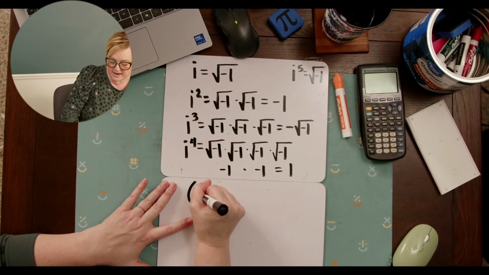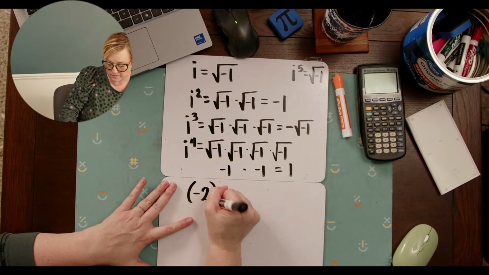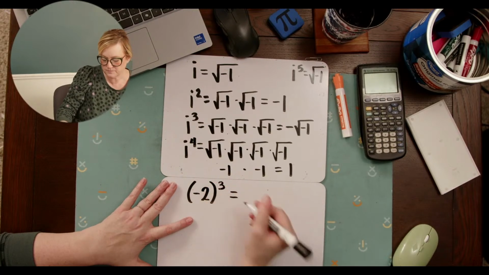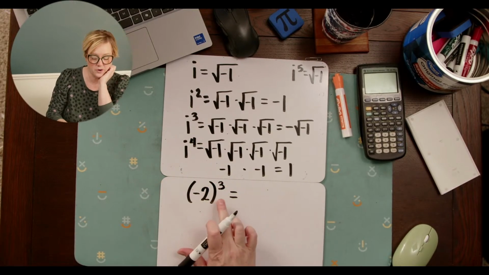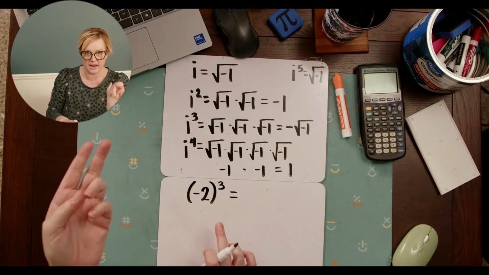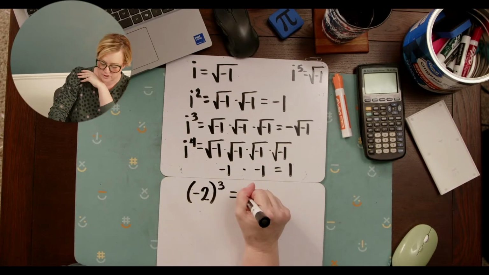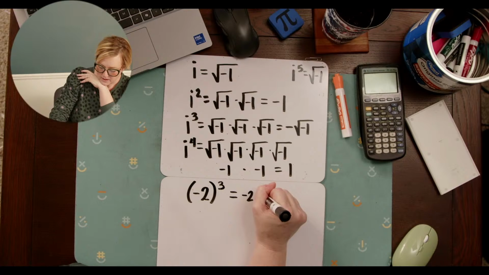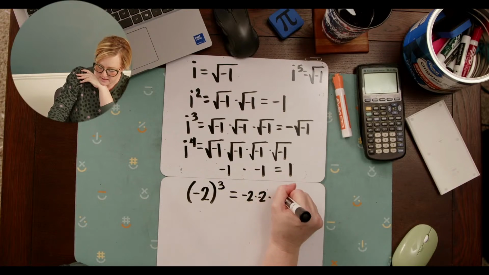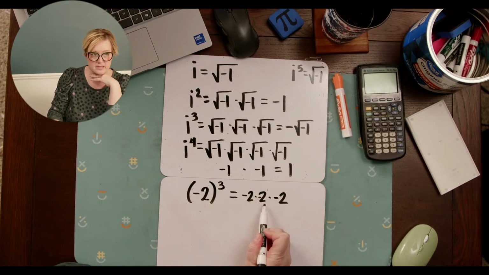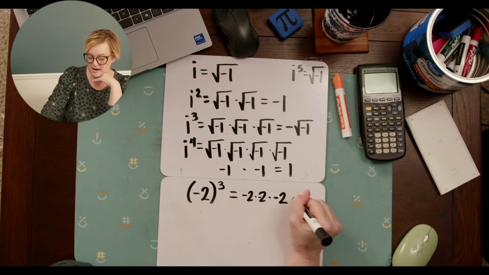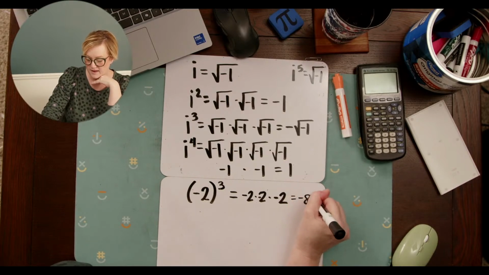So if I had -2 to the 3rd, since this power is odd, it would be -2 times -2 times -2. So -2 times -2 is 4. 4 times -2 gives me -8.